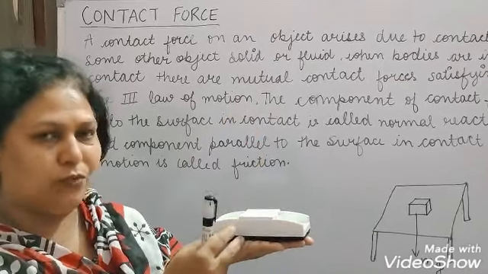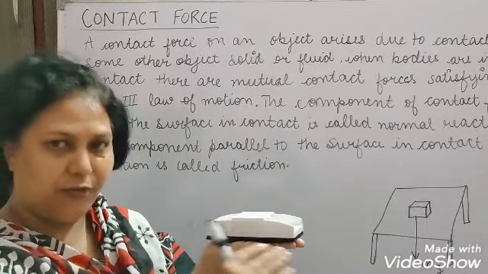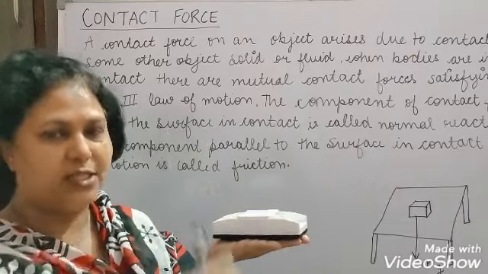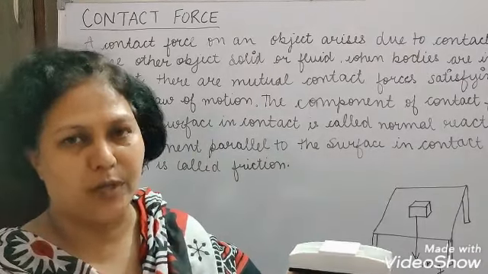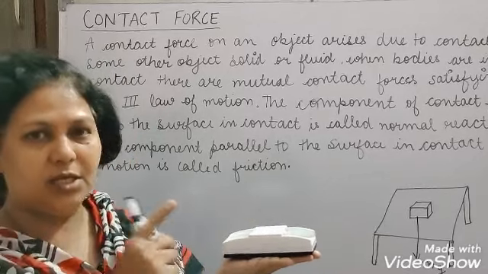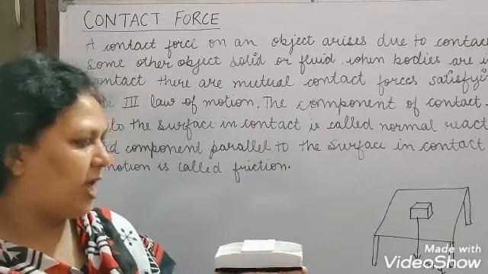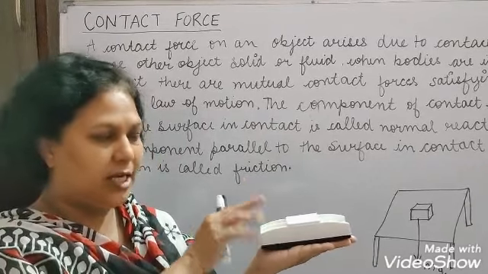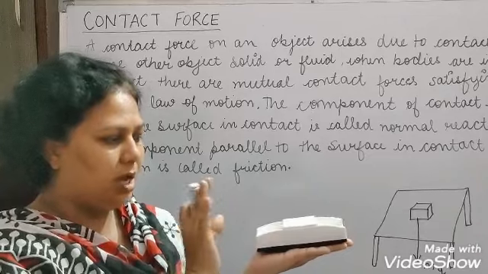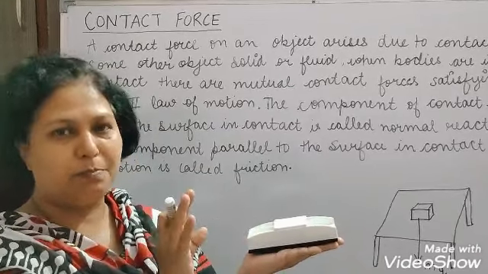That force, which is working perpendicular to the surface, is called the normal reaction. And the normal reaction is a self-adjusting force. You can see that the duster is in rest position. Suppose the mass of the duster is 50 gram.